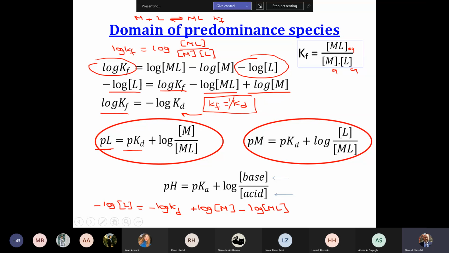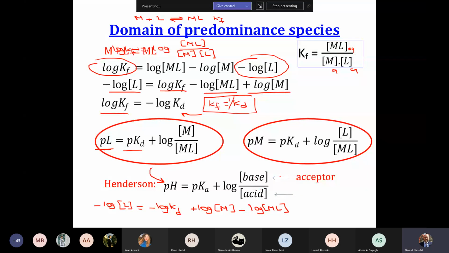So look at this relation. This relation is identical to the Henderson equation. Henderson is pH equals pKa plus log base divided by the acid.